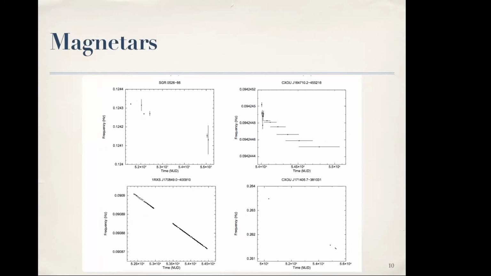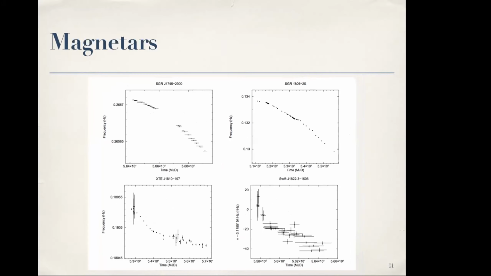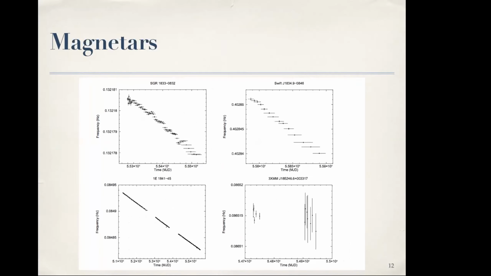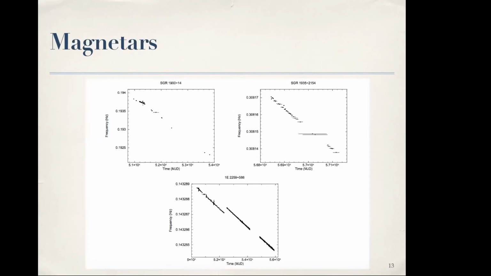Since there are 18 magnetar sources, these are the frequency histories of the other sources, which are, as I said, either reconstructed or found in the literature. I'll pass them quickly because there is nothing specific to say about them.